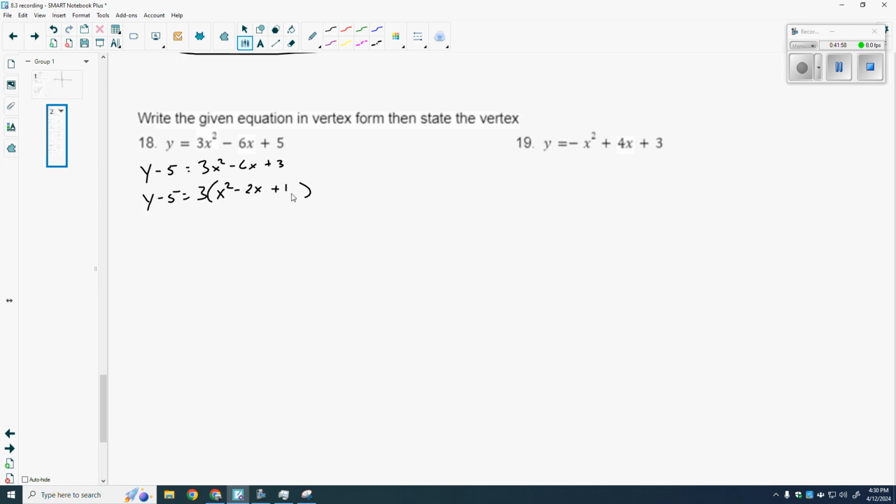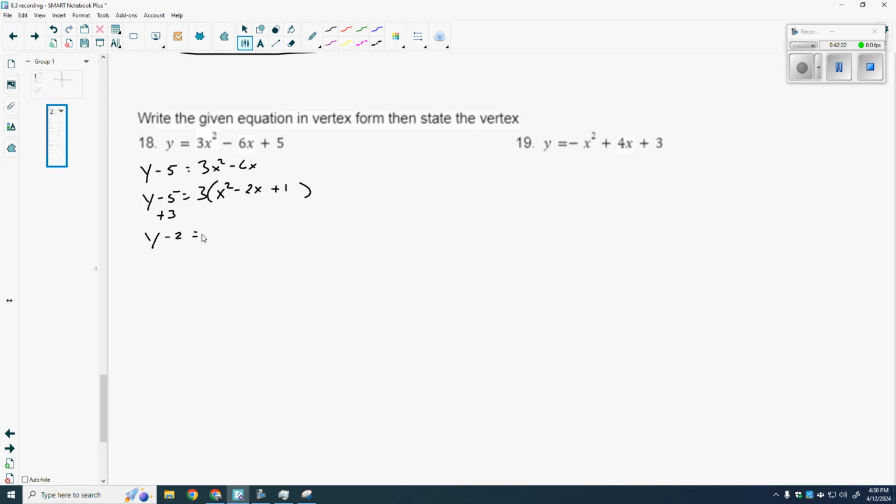When I added this 1, I really didn't add 1 to this side of the equation. What I really added to this side of the equation was that 3. So now when I balance the equation, I don't add 1 over here. I need to add 3 over here, because this 3 makes this 1 a 3 when I distribute it.